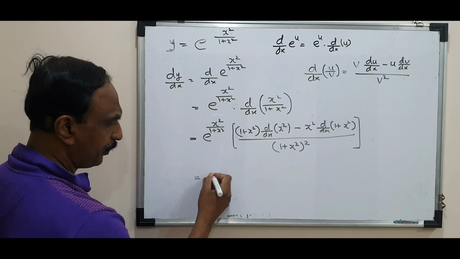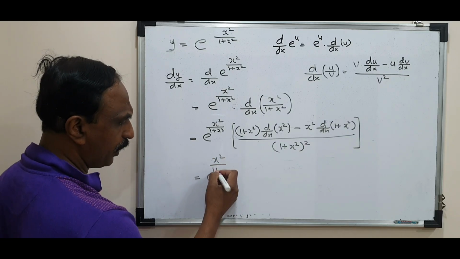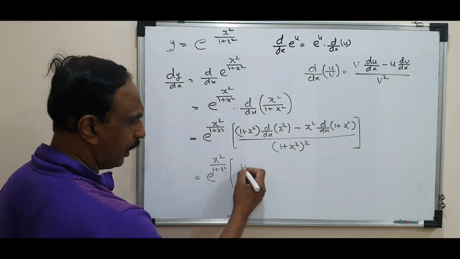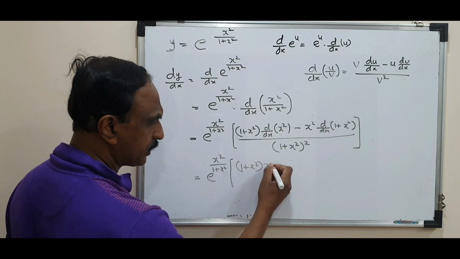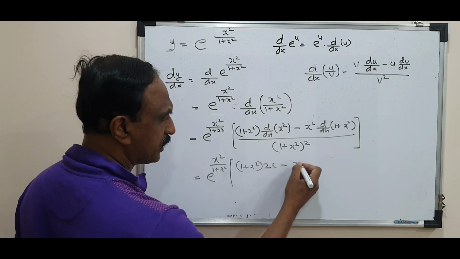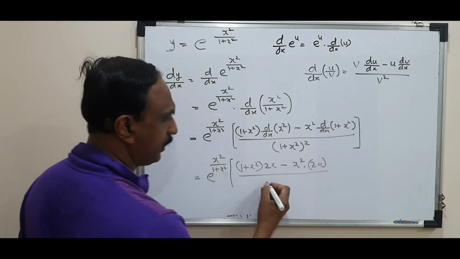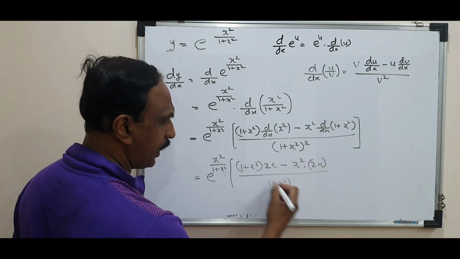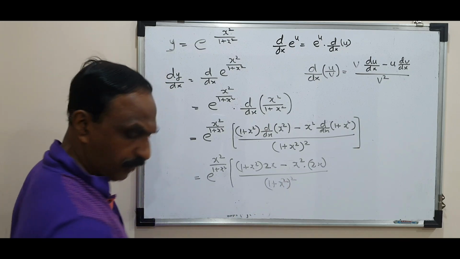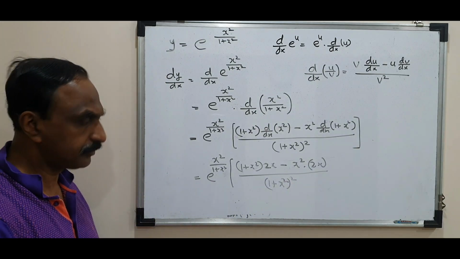So that became e raised to x square upon 1 plus x square, into (1 plus x square into 2x minus x square into 2x) divided by (1 plus x square) the whole square.